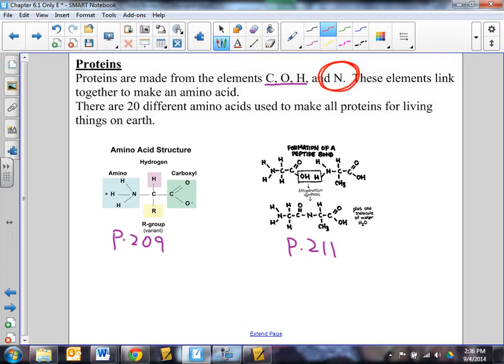Now together, carbon, oxygen, hydrogen, and nitrogen link together to make an amino acid. So the first picture that's in your textbook that I've also illustrated up here is a picture of what an amino acid looks like. Now there are actually 20 different amino acids that I would not expect for you to memorize nor recognize.